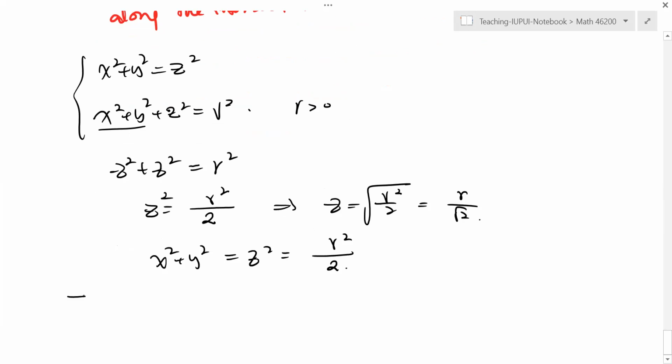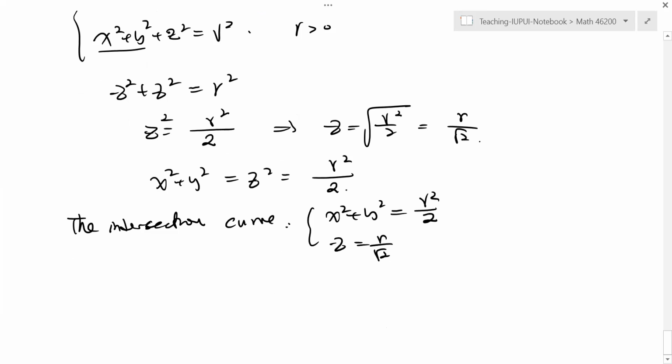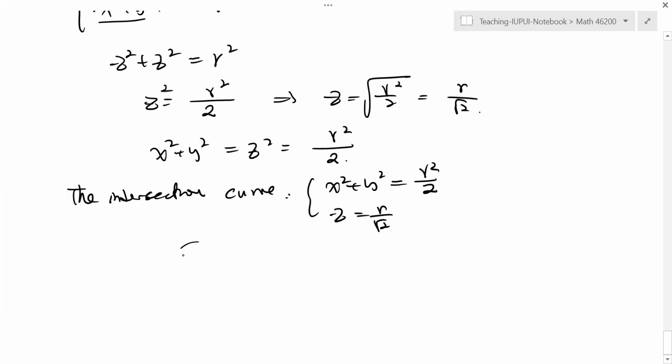So the intersection curve is defined, in three-dimensional space, by x squared plus y squared equals r squared over 2, and z is going to be r over square root 2. So it's a circle in space.